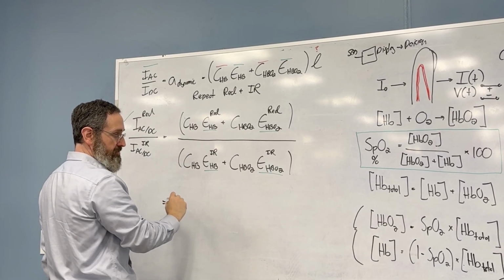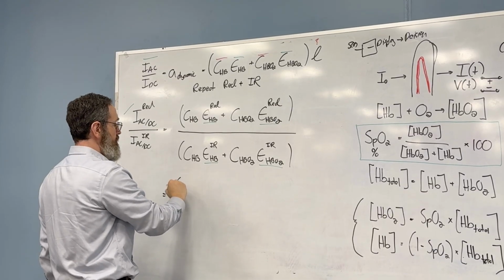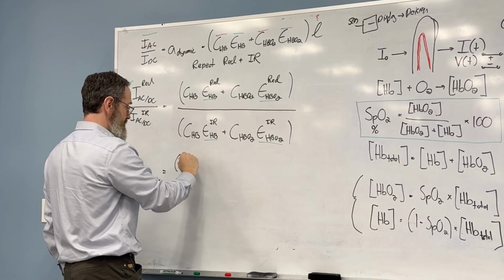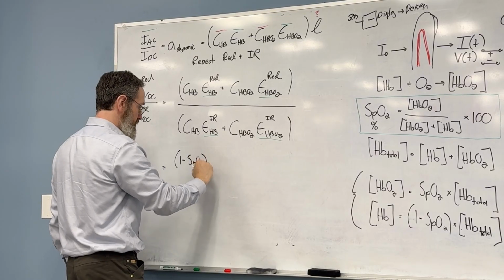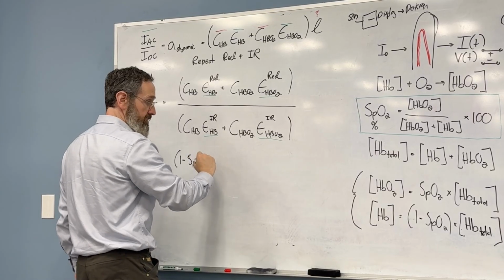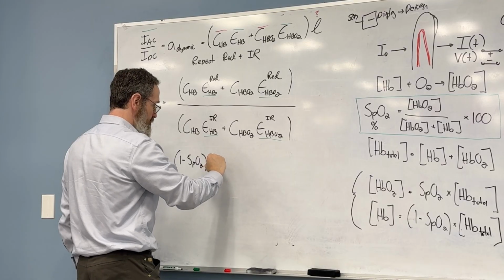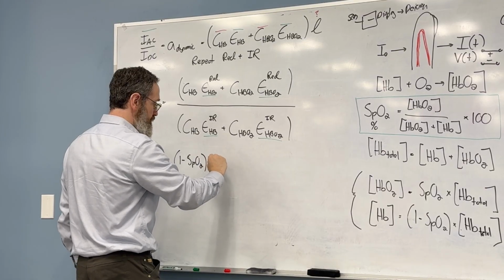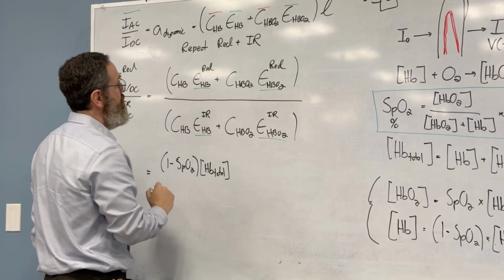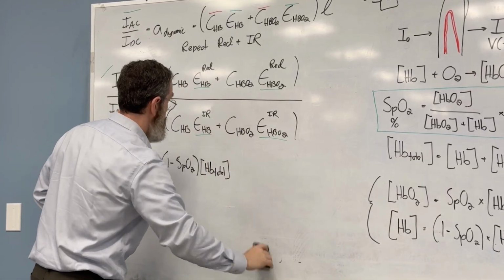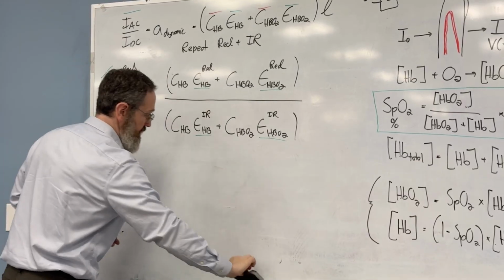And so that's going to be 1 minus SpO2 times the concentration of Hb total. Let me start here.